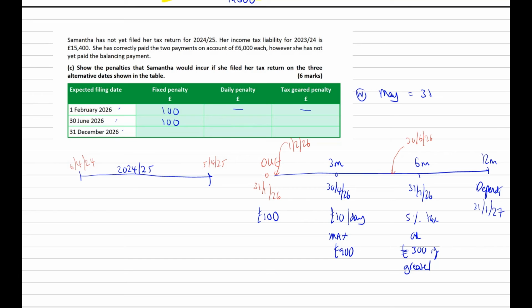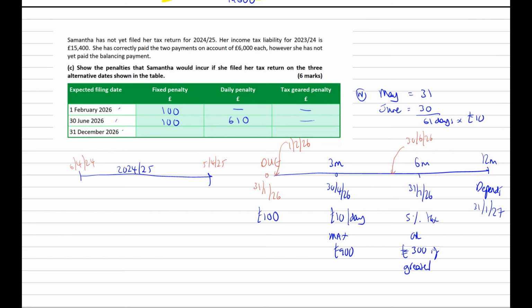She only actually files on the 30th of June, and we do include the day of filing. So that's another 30 days in June. So we're looking at 61 days. And it's £10 per day. So £610 in there. But because she does file between 3 and 6 months, then we don't trigger the next penalty, which is 5% of the tax due. So there's no further penalty there.